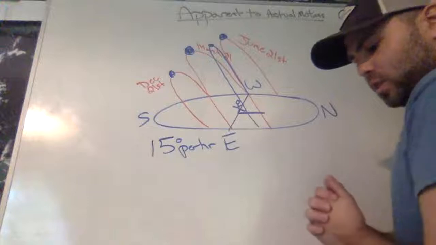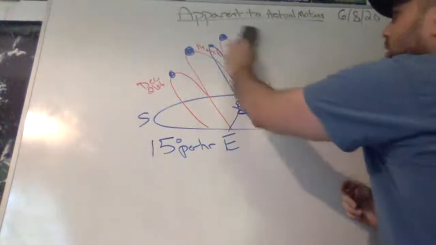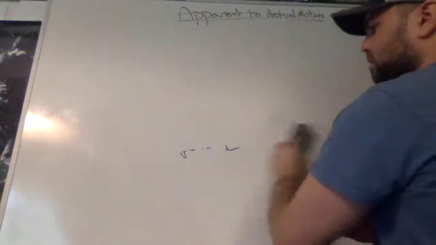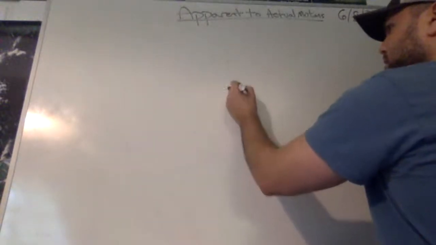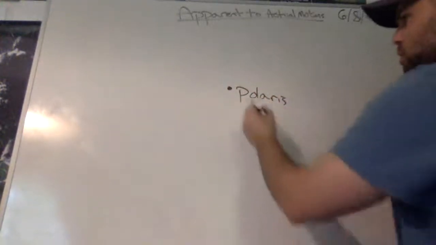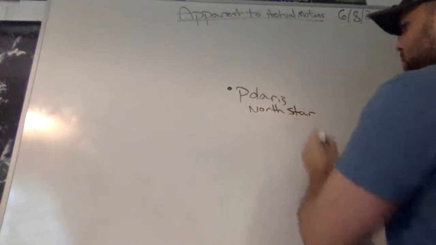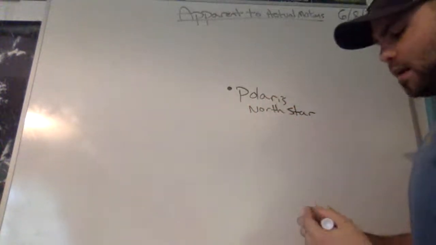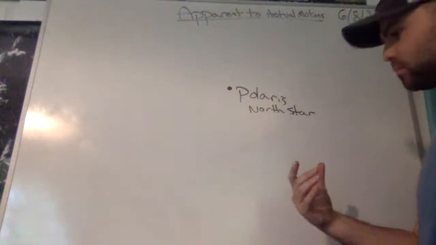All right, so the last three questions on the last page. For this, they give us Polaris, okay? So Polaris is our North Star. When we're looking at Polaris, Polaris never moves as the Earth rotates.